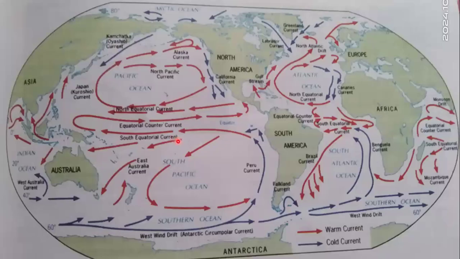There are two types of ocean currents, the warm current shown with red arrows and the cool current shown with blue arrows.